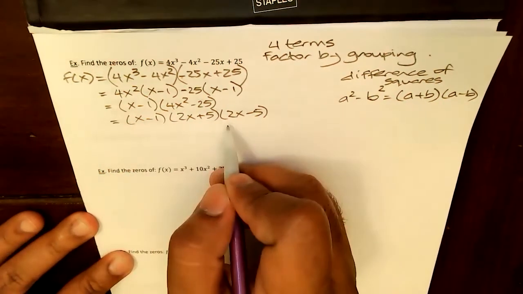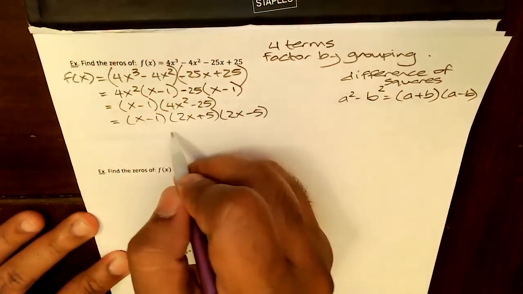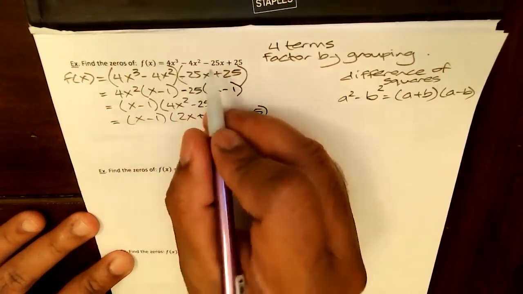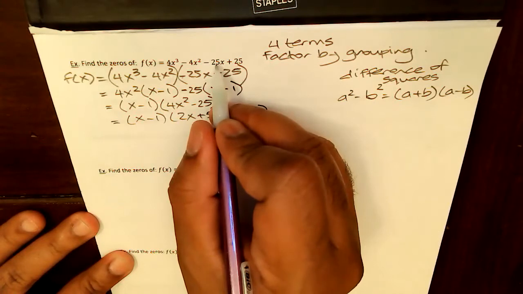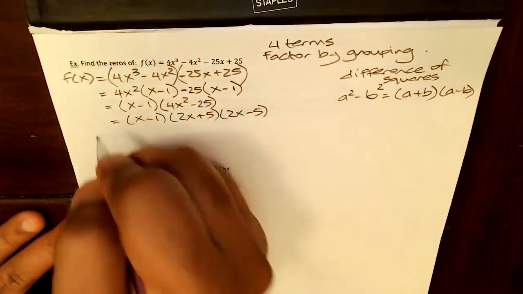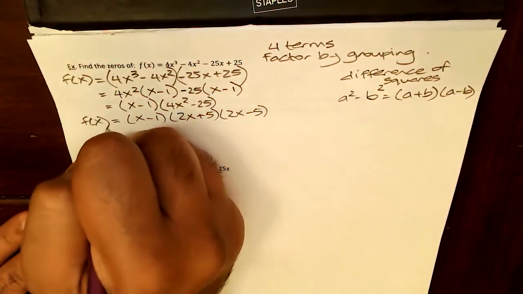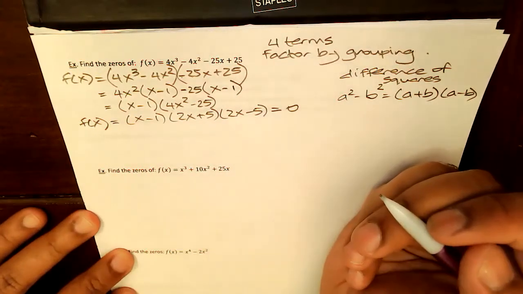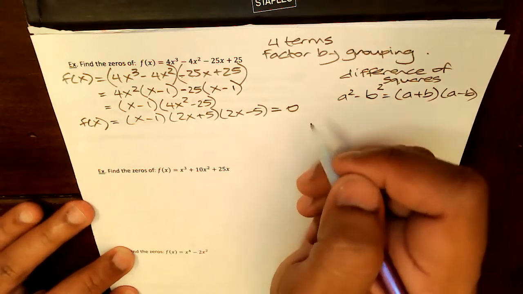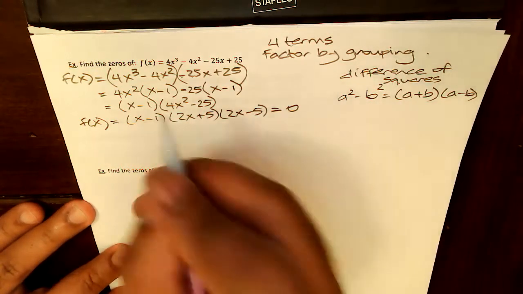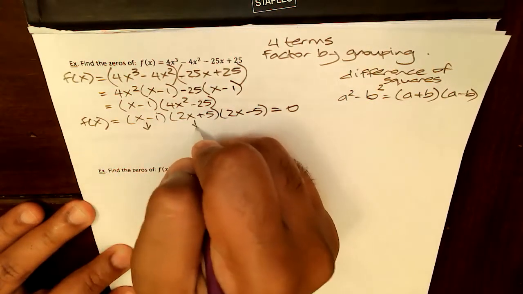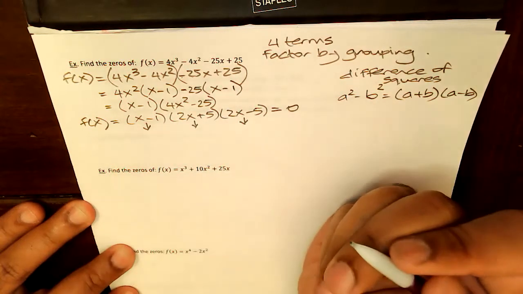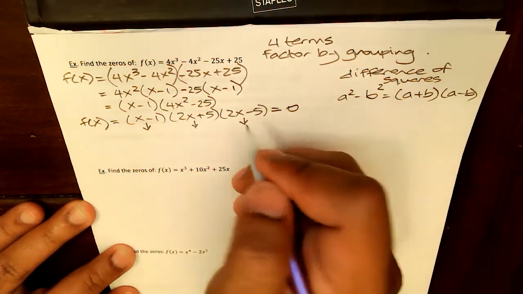All right, now we have completely factored our polynomial. The original function had 4 terms, and we've factored it. To find the zeros, I'm going to set this equal to 0, and then set each factor equal to 0 and get x by itself.